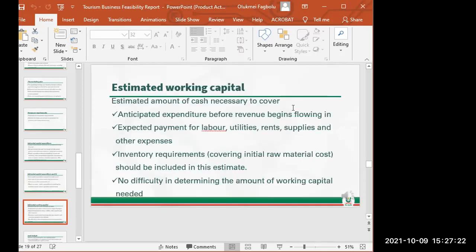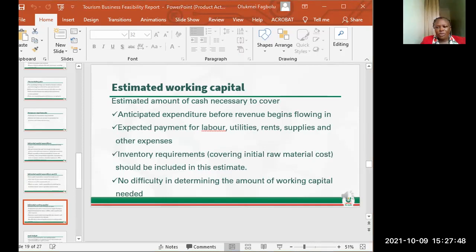Then after that, we must also have what? Estimated working capital. Estimated working capital is the estimated amount of cash necessary to cover the period. We are going to state this under our estimated working capital.